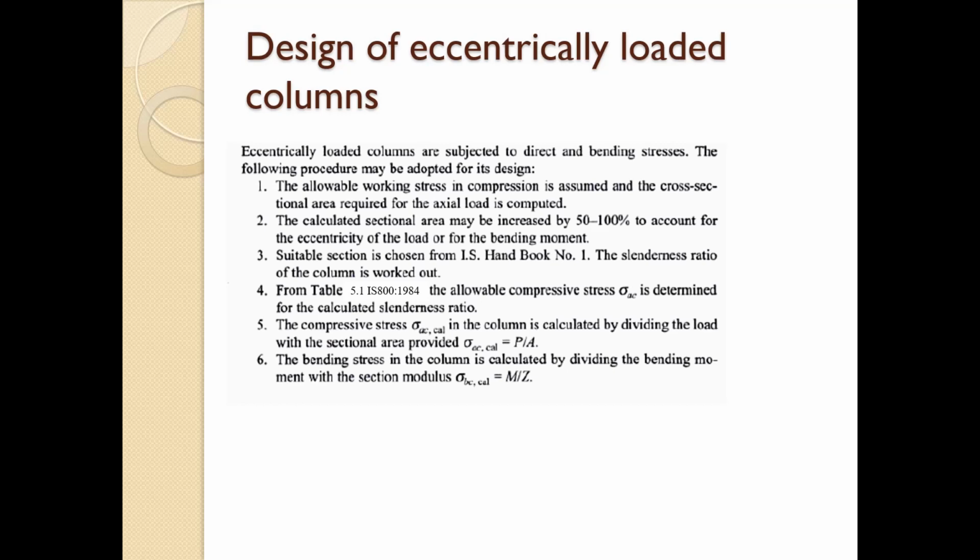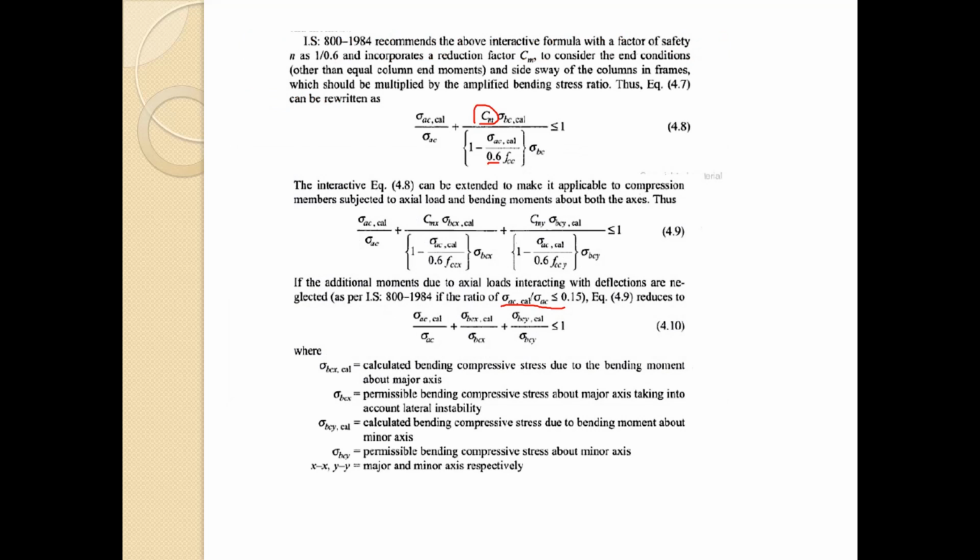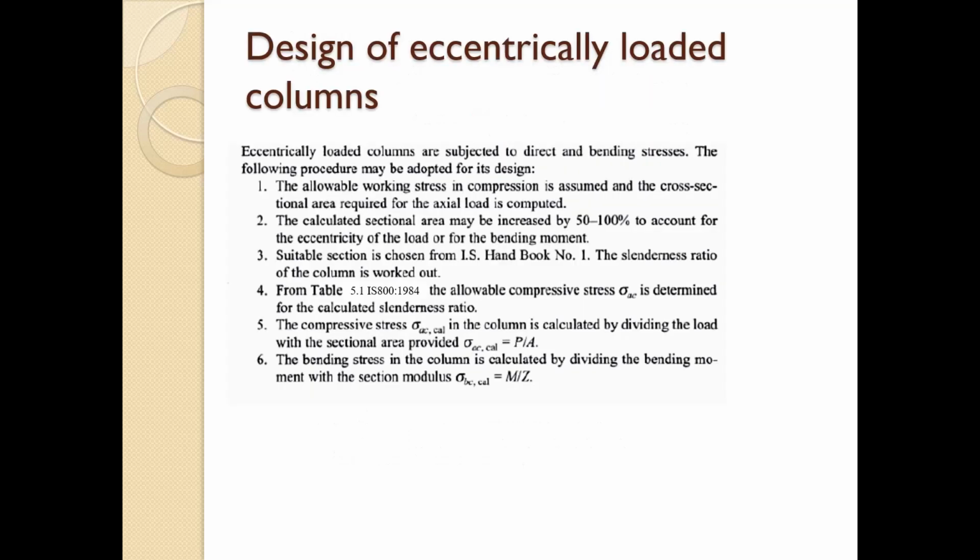Then this compressive stress, sigma SC calculated, we calculate by dividing the load by the sectional area provided, that is sigma SC calculated equals P by A. And the bending stress of the column is calculated by dividing the bending moment by the section modulus, that is sigma BC calculated equals M by Z. Once we calculate sigma AC and sigma BC, we need to check these conditions, and if the column is safe in these conditions, the design is okay. So this is the design of eccentrically loaded columns.